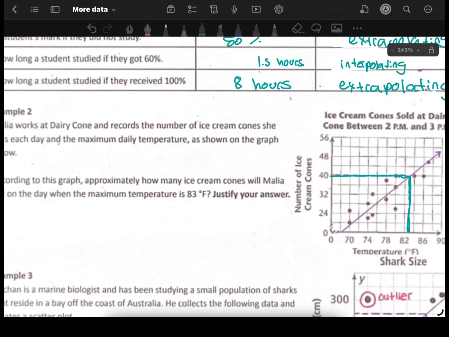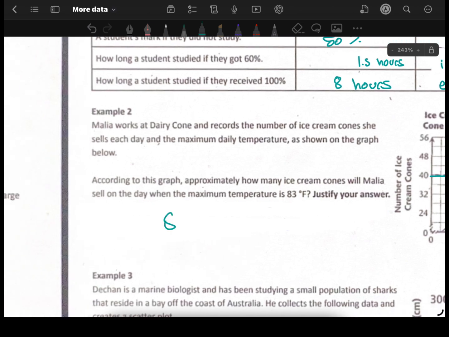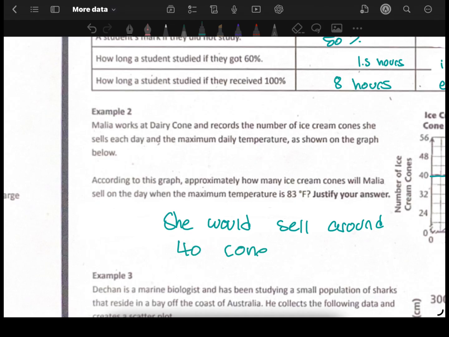So that would be approximately 40. We know this by looking at the line of best fit.